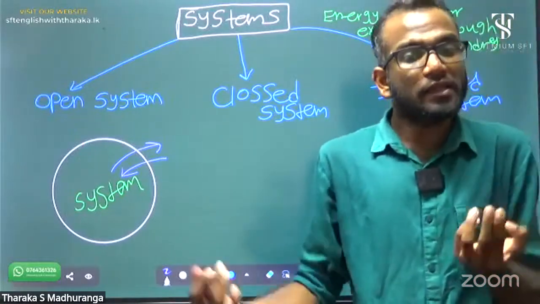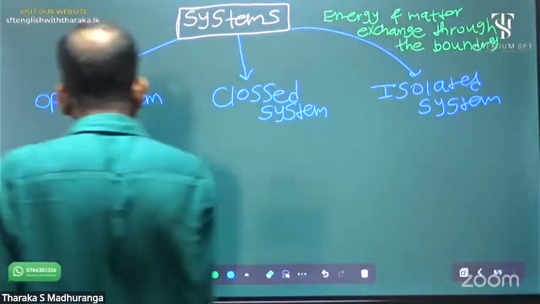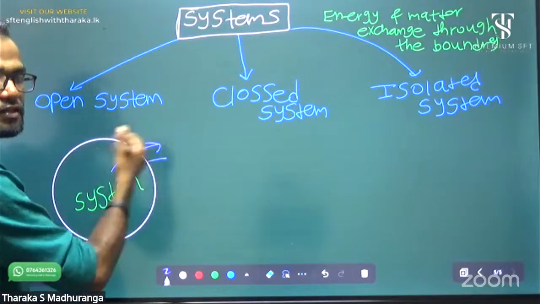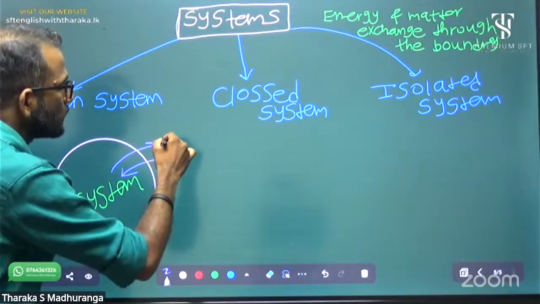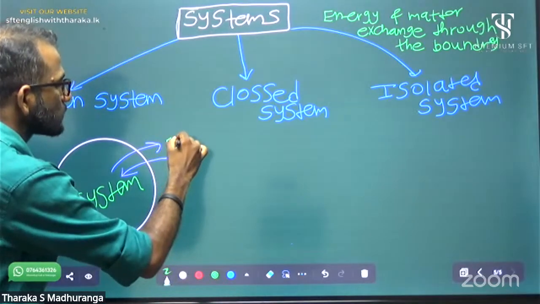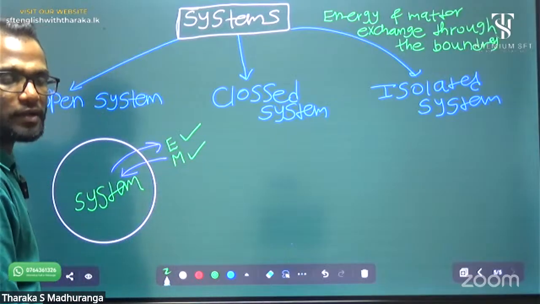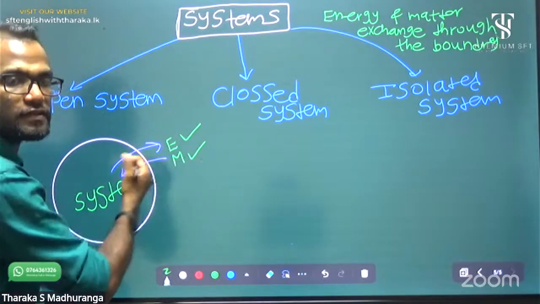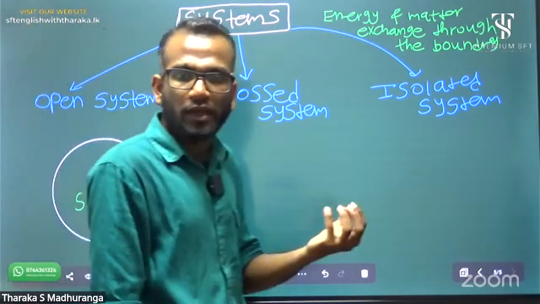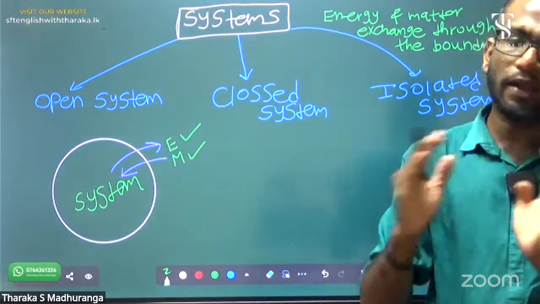Matter means solid, liquid and gases. Both are possible to exchange through the system boundary, in both directions. Energy and matter both exchange through the boundary between system and surrounding.